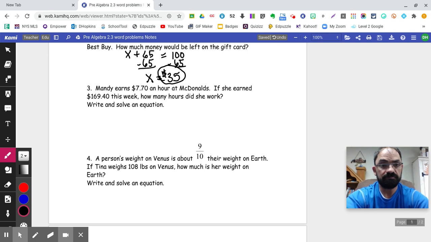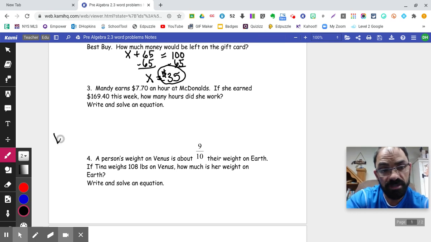Number 3, Mandy earned $7.70 an hour at McDonald's. If she earned $169.40 this week, how many hours did she work? So let's let h be the number of hours.